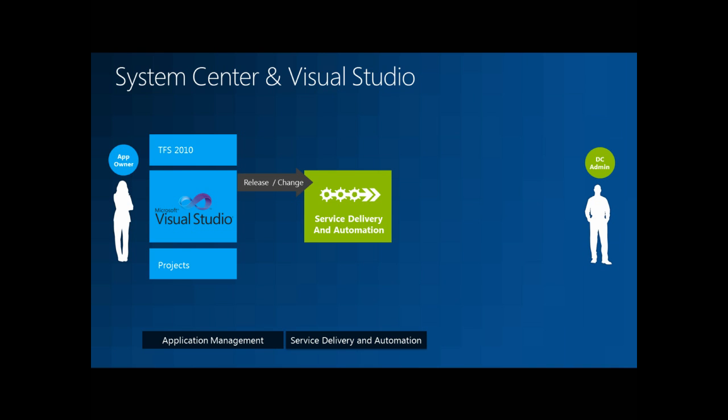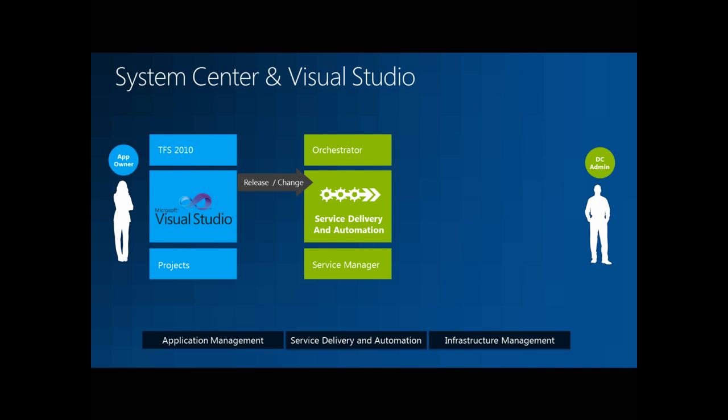So we use two tools here. We use Orchestrator and we use Service Manager to provide that integration. The next thing we want to do is get it out into the infrastructure where we configure and deploy it. Here we can use a tool like Configuration Manager, or we could also use Virtual Machine Manager, depending on what fits your needs the best.